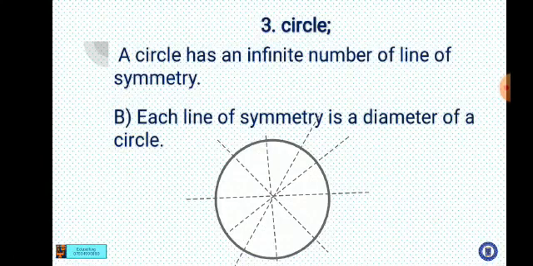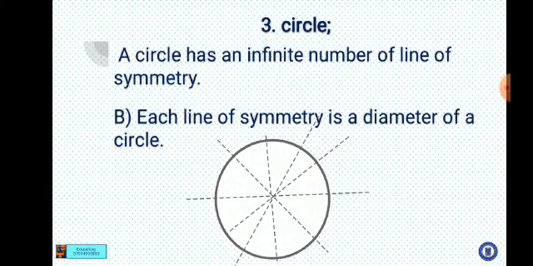Then we have other ones like rhombus. It is also a plane shape, and the rhombus has four equal sides. It has two lines of symmetry because it is the opposite angles that are equal, not all the angles.